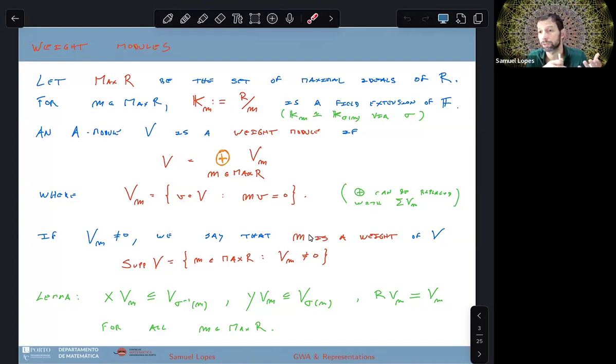So it's a field extension of the field F. In a lot of cases, it will be isomorphic to F. For example, if F is algebraically closed and R is finitely generated, then this will always be an algebraic extension of F, and so, if F is algebraically closed, this will be isomorphic to F.